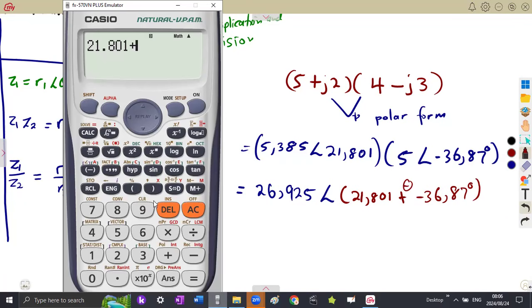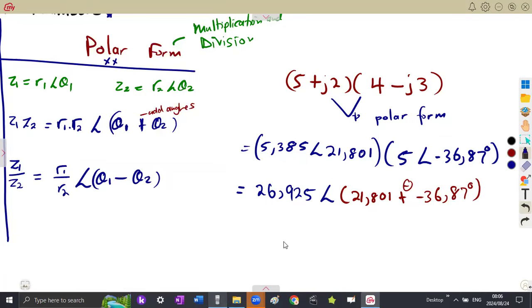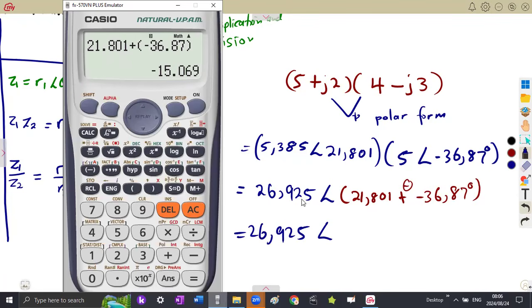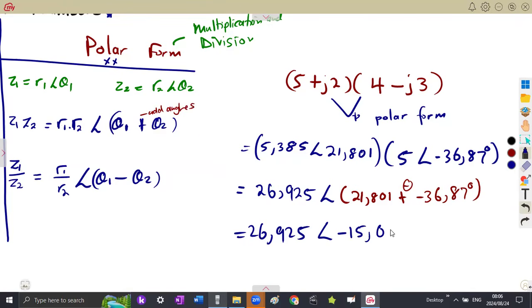Even if you simplify like that, just add, no problem. 21.801, then plus, and this one is carrying a negative, so just open a bracket and write negative 36.87. The calculator is going to simplify for you. So that's negative 15.069. So this was going to be 26.925, and as we saw, our angle is negative 15.069 degrees.